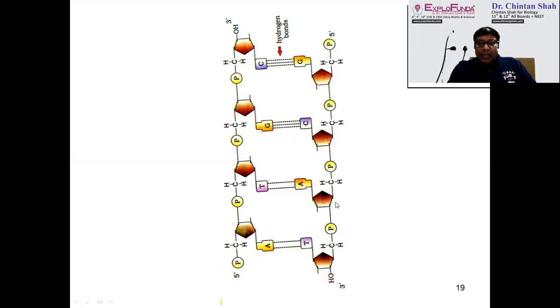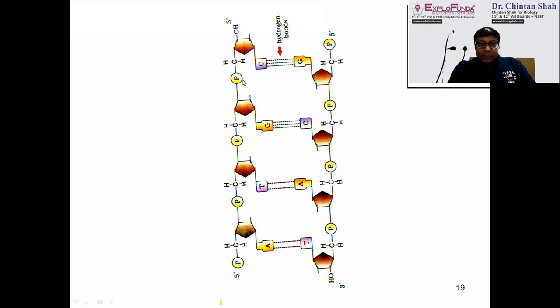Okay. And here, this is the first nucleotide, and which carbon is joining? This is carbon number 1, to which the nitrogen base is attached, carbon number 2, carbon number 3, carbon number 4, and carbon number 5. So this fifth carbon is combining with the third carbon of the next nucleotide. The fifth carbon of the first nucleotide combines with the next nucleotide's third carbon.